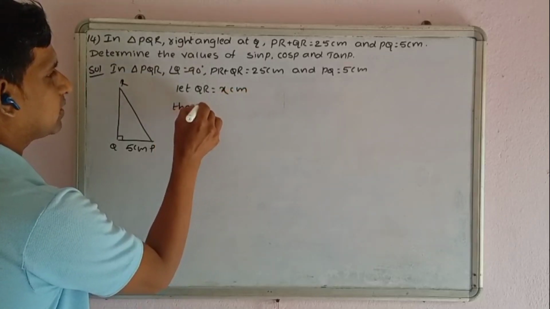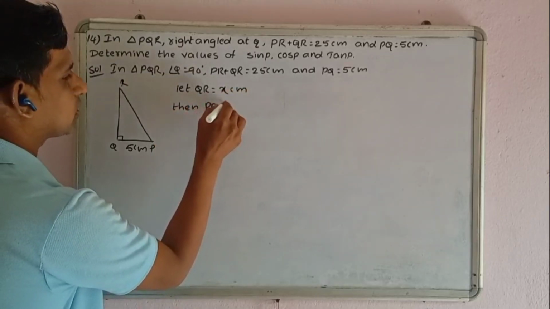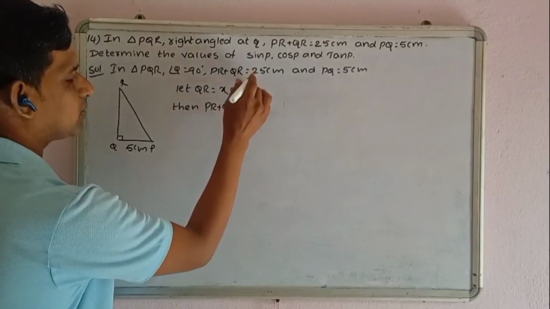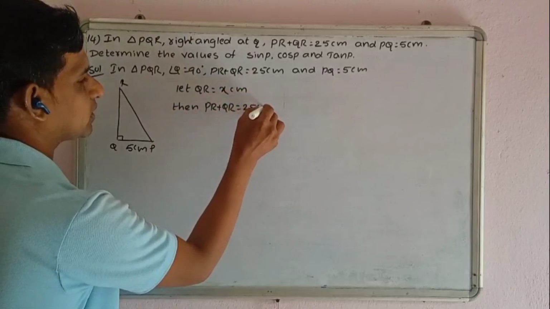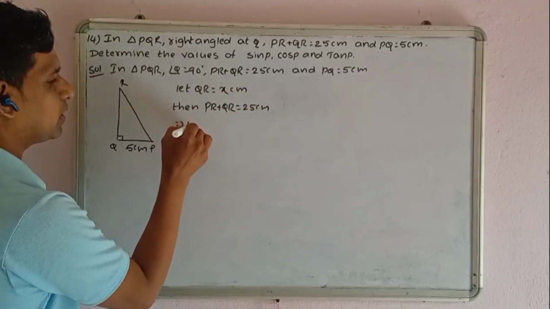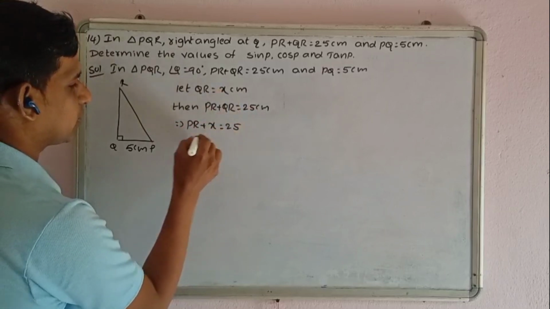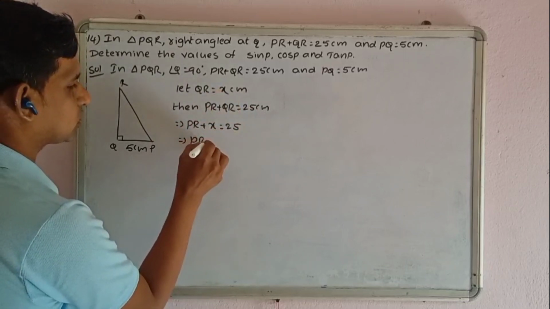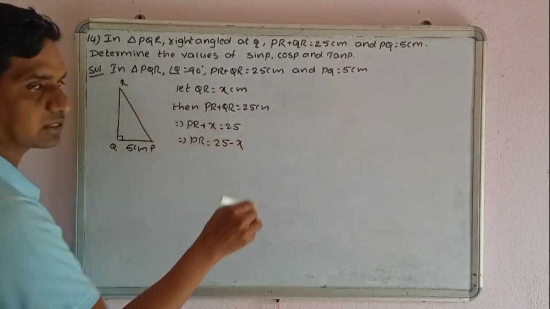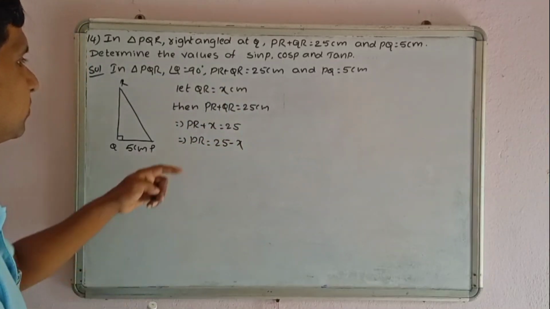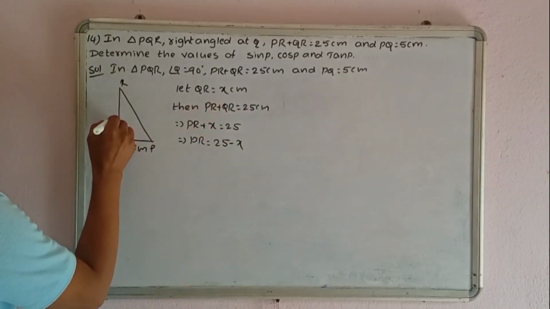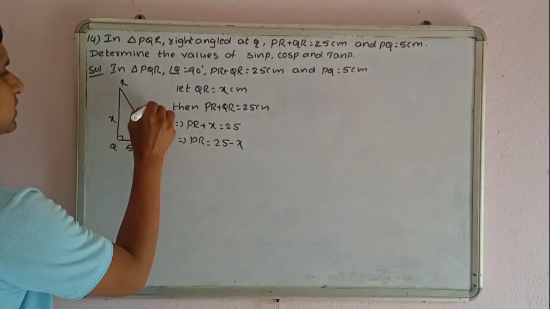Then, since PR plus QR equals 25 centimeters, x plus PR equals 25. So PR equals 25 minus x.